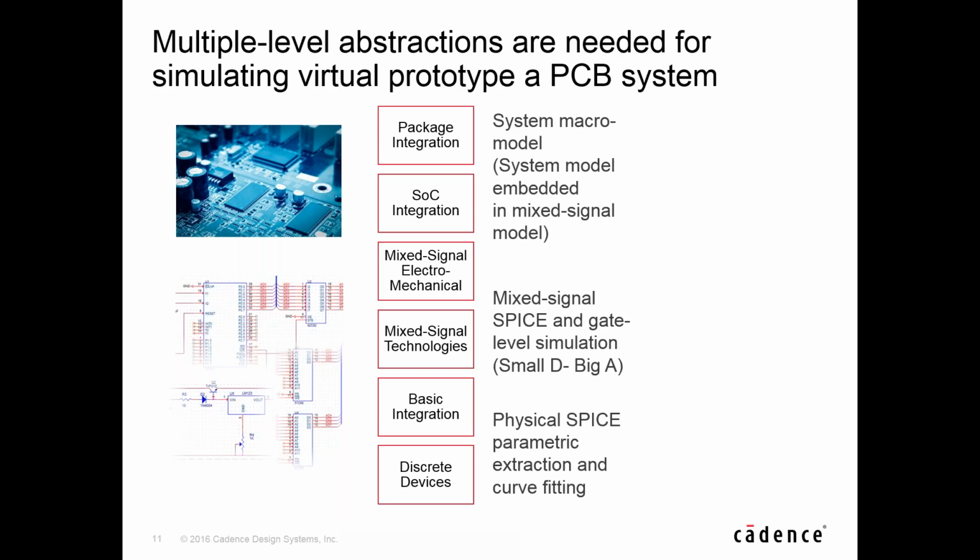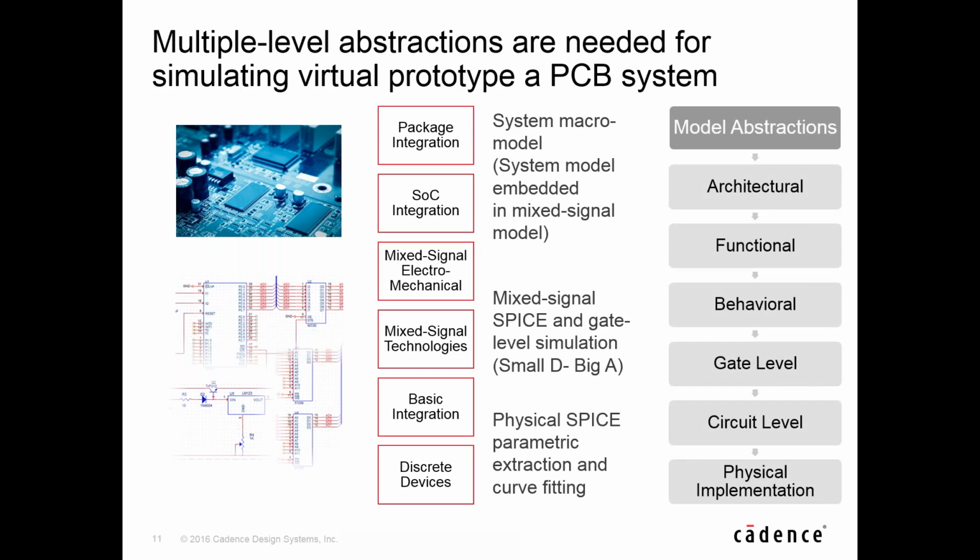You could have some mixed signal SPICE and gate level simulation models for somewhat larger mixed signal technologies, all the way up to the top where you may have a system on a chip or a full package model where you could then start to begin looking at system macro models. And so it's a different level of model abstraction from physical implementation to circuit level, gate level, behavioral, functional, all the way up to an architectural model that can represent pretty well anything.